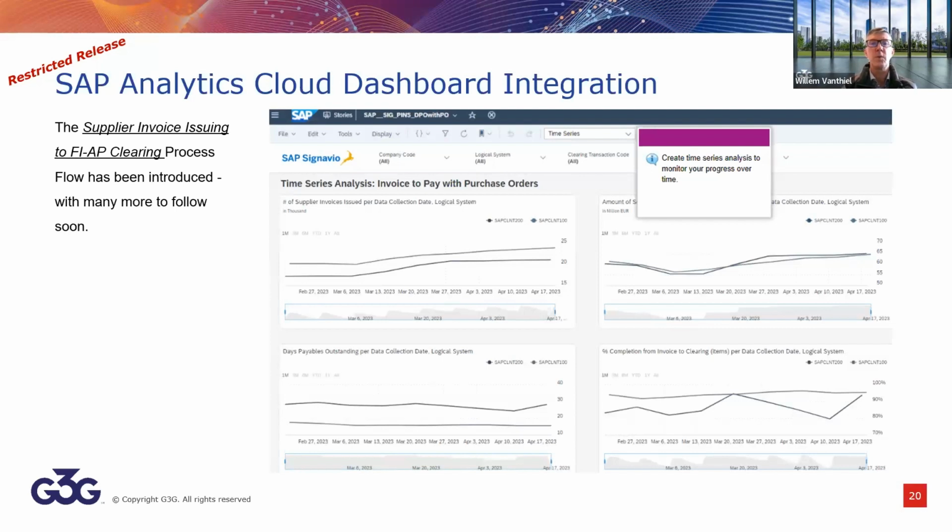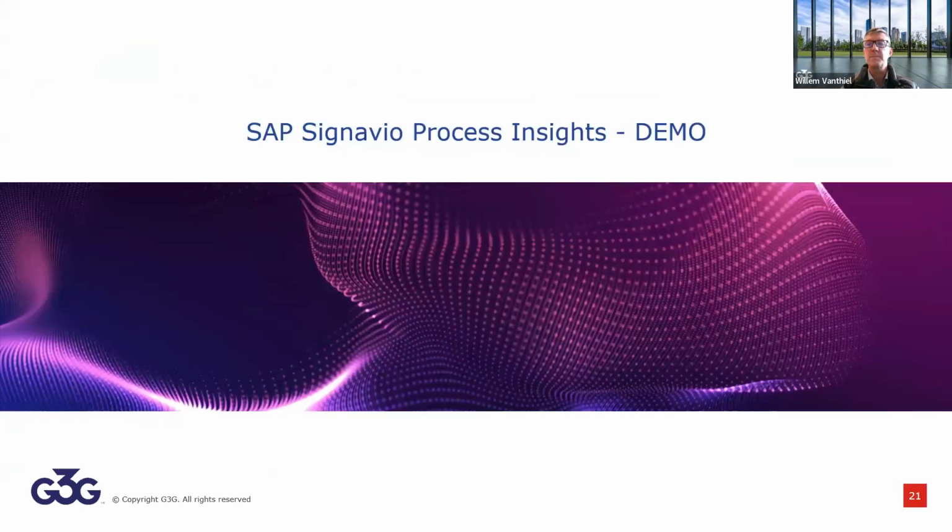So that's a taster for what is coming, which is a highly flexible way to represent these KPIs in a fashion that you design. Okay, we can move on from here. Thanks, Nick.